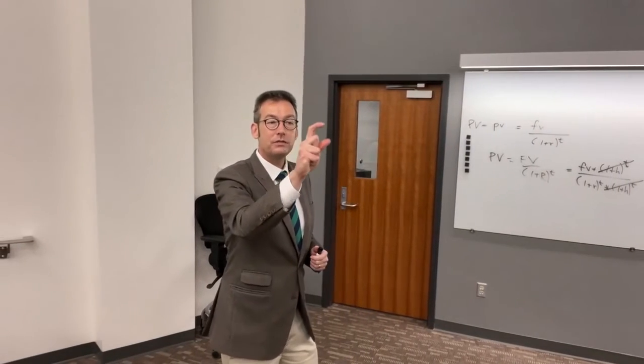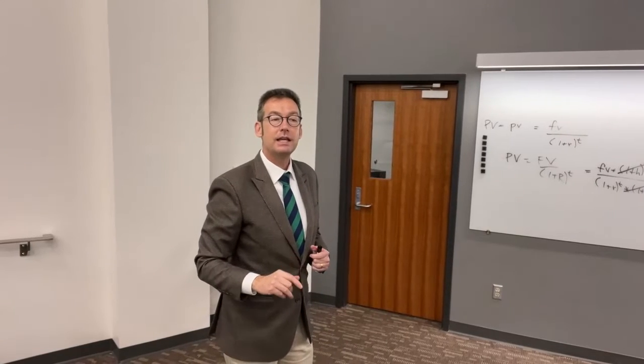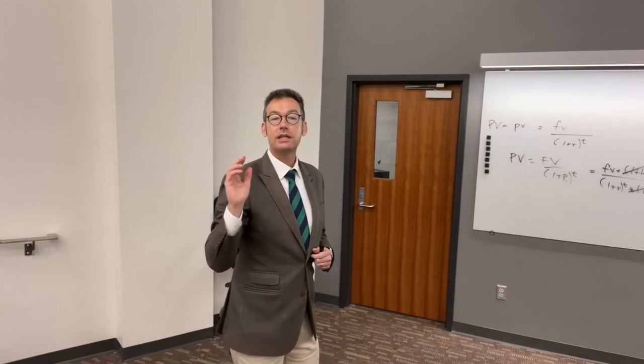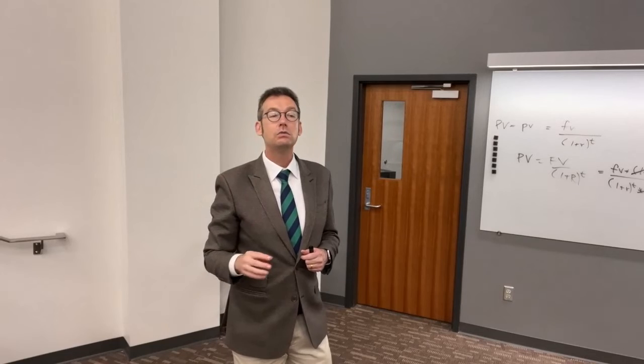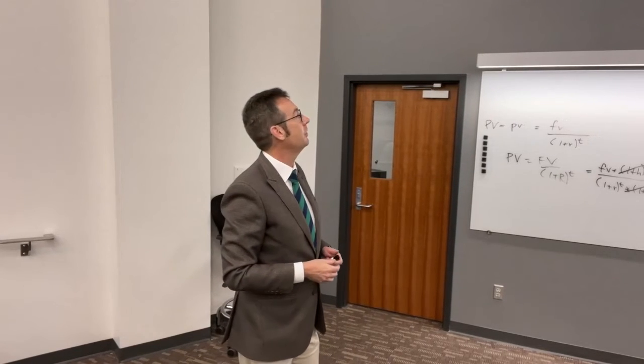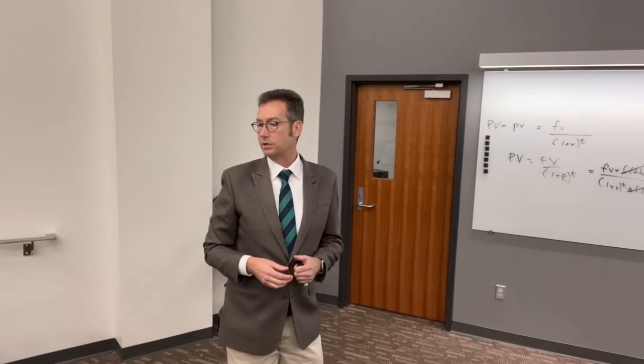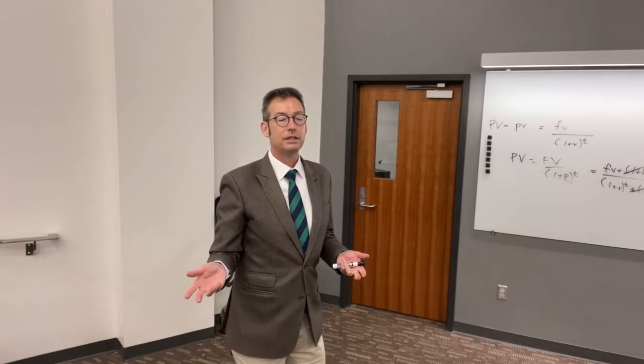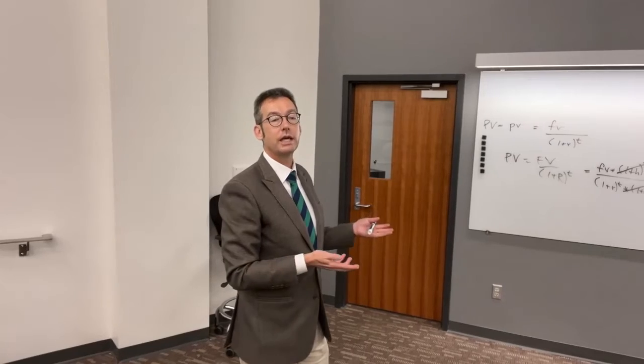Those present values of those future cash flows, if that discount rate's high enough, get so small that only the initial cash flow matters. And so it's not enough just to say it's always just buy the good one. You don't know until you look at it using the discount rate.